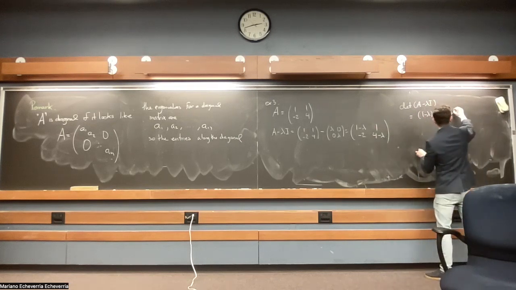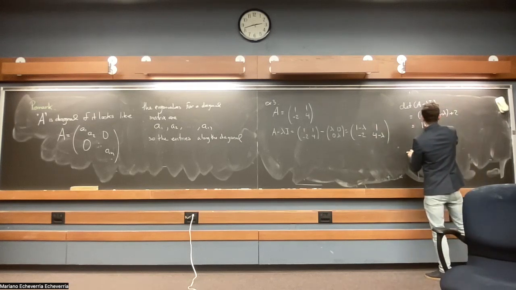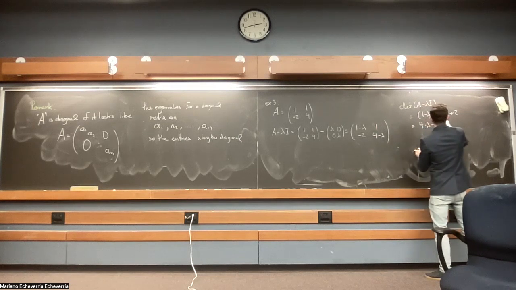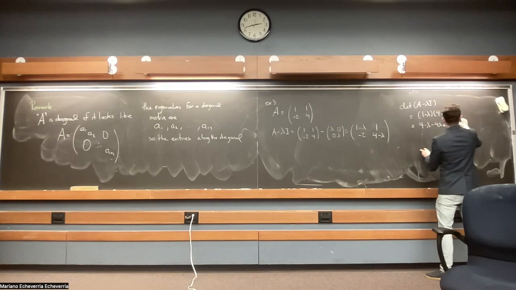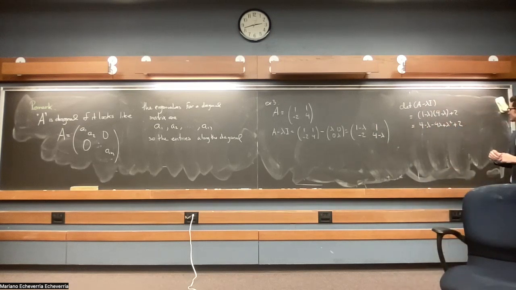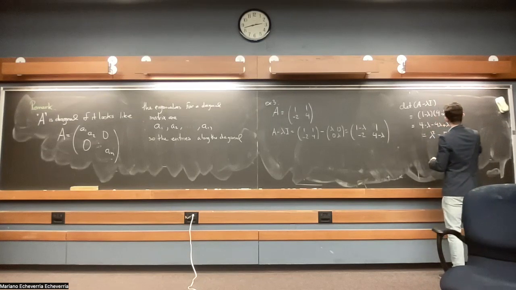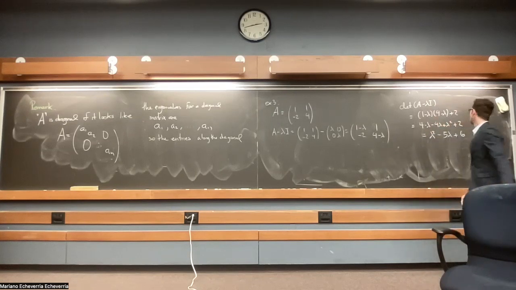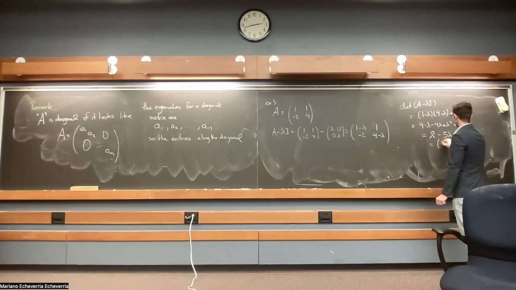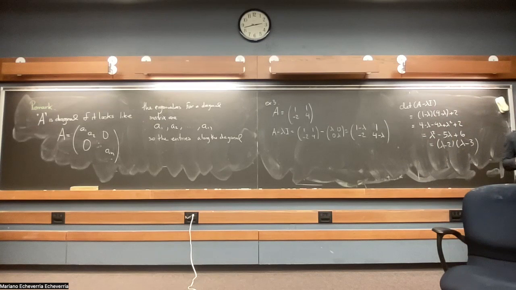So this gives you 4 minus lambda minus 4 lambda plus lambda squared plus 2, which is lambda squared minus 5 lambda plus 6. If you factorize this one, it's lambda minus 2 times lambda minus 3. And so the eigenvalues are 2 and 3 in this case.